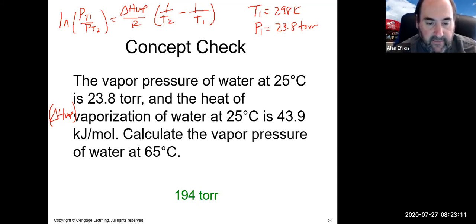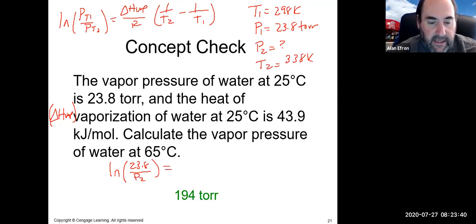The vapor pressure I'm looking for will be P2, and my T2 would be 65 plus 273, which gives me 338 Kelvin. So if we put this in, we get the natural log of our P1, which is 23.8, divided by our P2, which is what we're looking for, equals our delta H, which is 43.9.